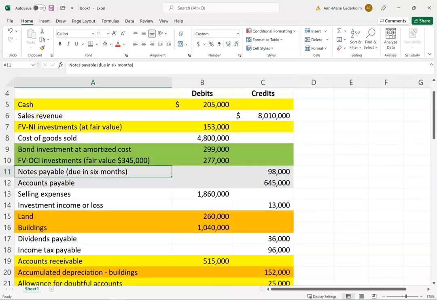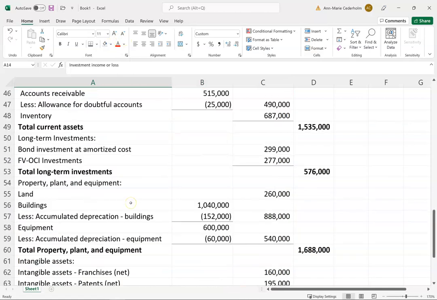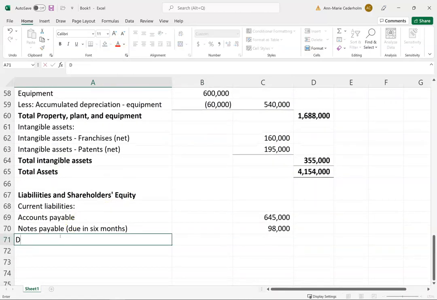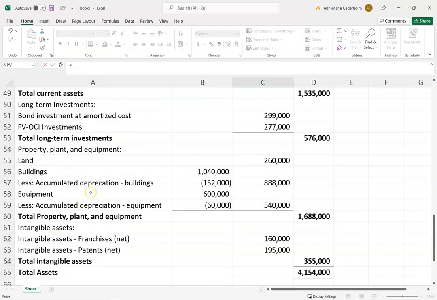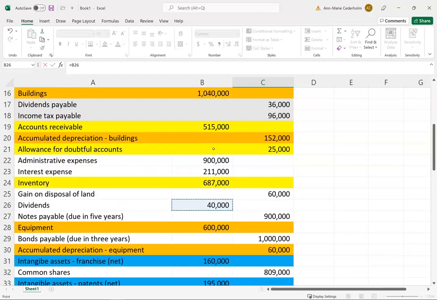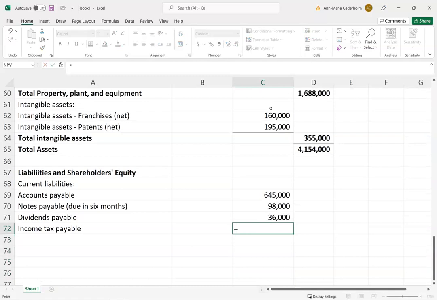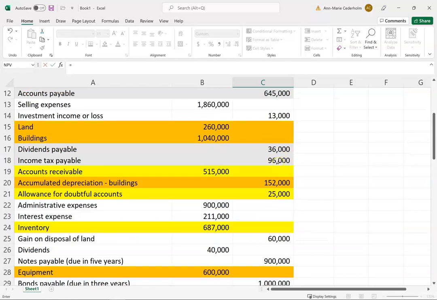And let's just graze through these. Here's dividends payable and income tax payable, so those are current. So I'll put these ones down there too. And I'm just linking all of these to the trial balance, because if I do change an amount, which I said I was going to when I first started this, then it's automatically just going to update in my balance sheet, which is good.